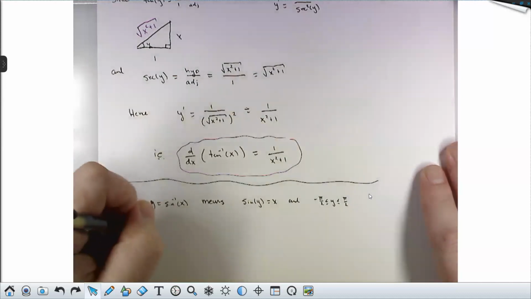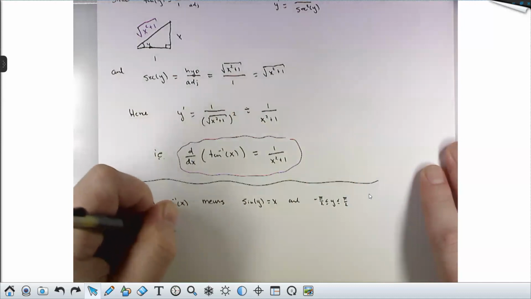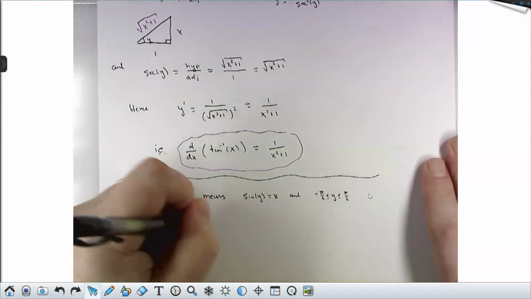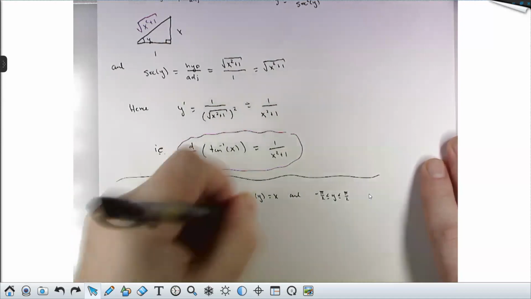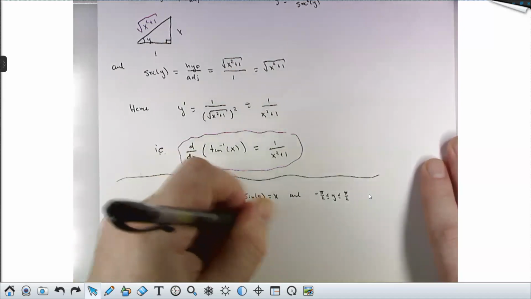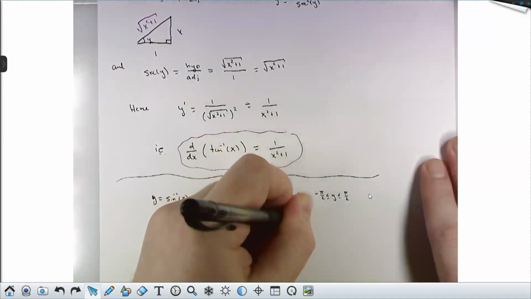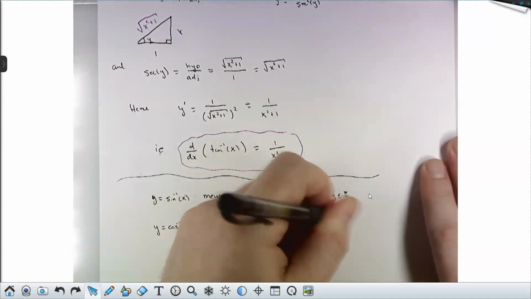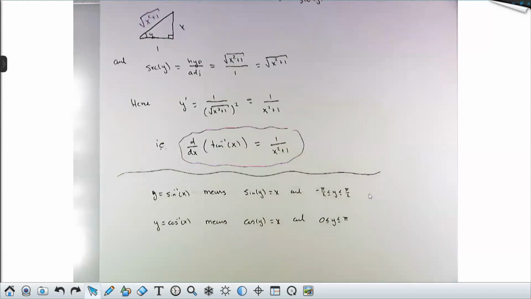Or for cosine, we say y equals inverse cos of x means cos of y equals x and 0 is less than or equal to y is less than or equal to pi. So these are the definitions of the inverse trig functions. They're the functions that undo the trig functions, but they only work within these restricted domains.